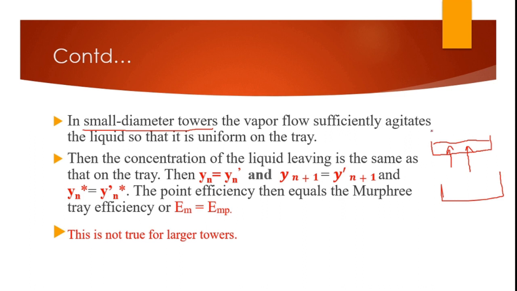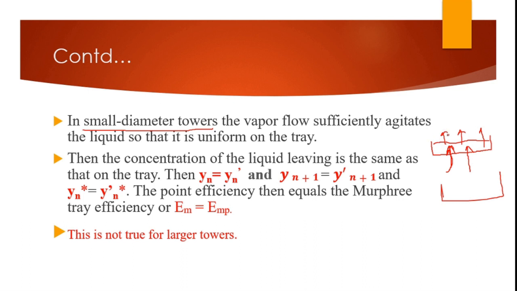Due to this, any vapor that is originating from this tray at this point, at this point, at this point, all of these vapors will have the same concentration, because this liquid is perfectly mixed. Any vapor that is coming and meeting this liquid is seeing the same concentration of liquid at any point, so it is stripping away the same concentration at every point.